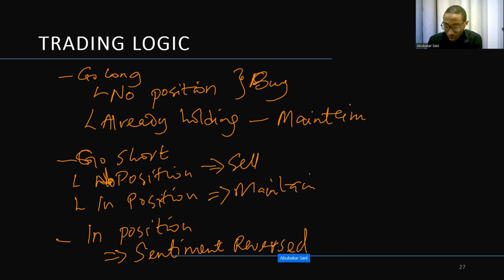Then I will exit the trade. Because yesterday people were not happy, I decided to go short. But then today Tesla did something good, and the sentiment has reversed. I'm going to exit the trade. And if I have been able to make some little amount, I will just take my little amount and go. So this is going to be my trading logic.